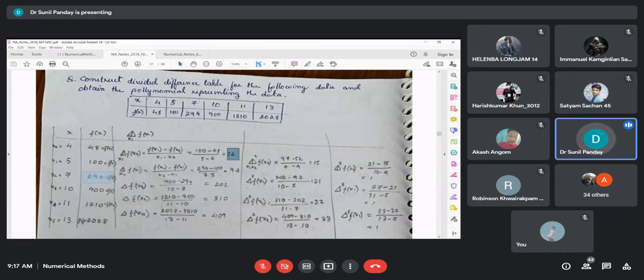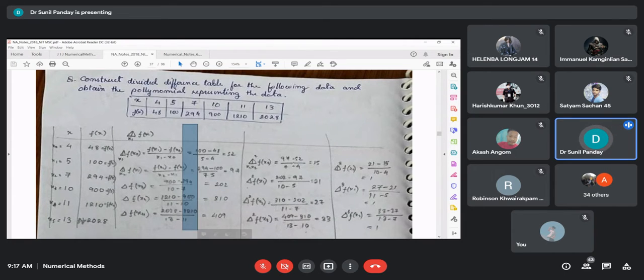Then 294 minus 100 divided by 7 minus 5 is 97. So it is the first divided difference of x1, x2. The first divided difference of x2, x3 means this minus this divided by 10 minus 7. So like this you can calculate the first order.